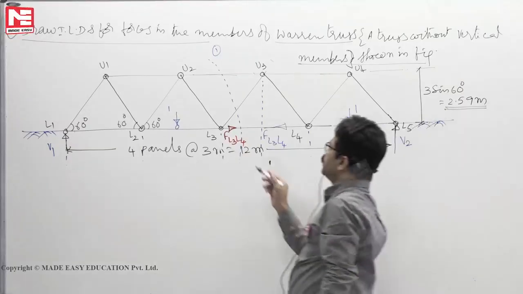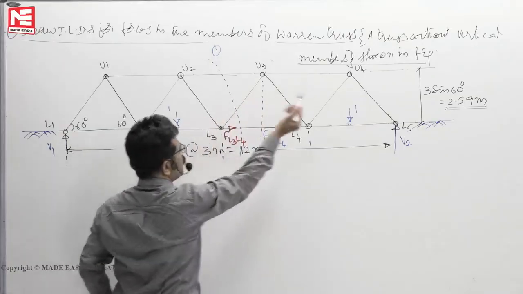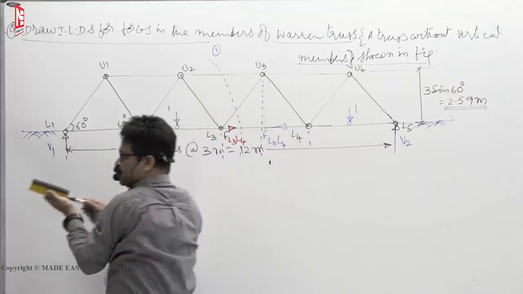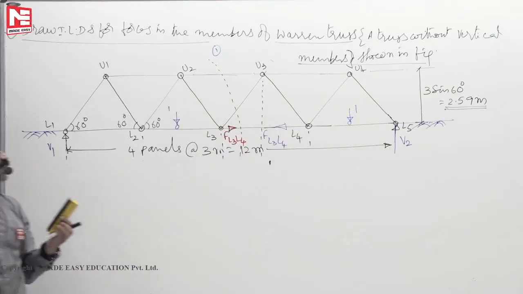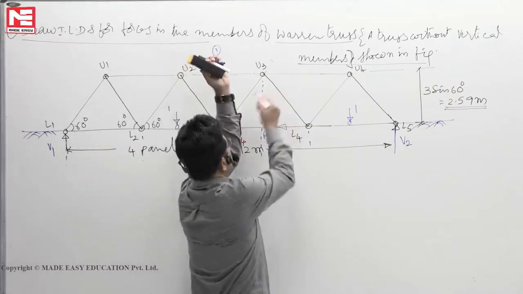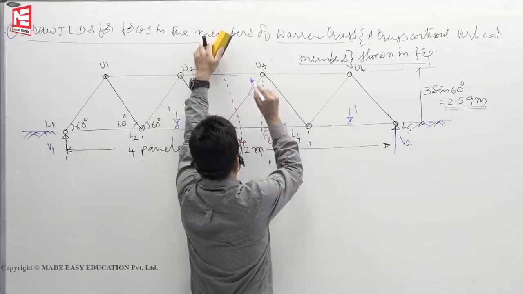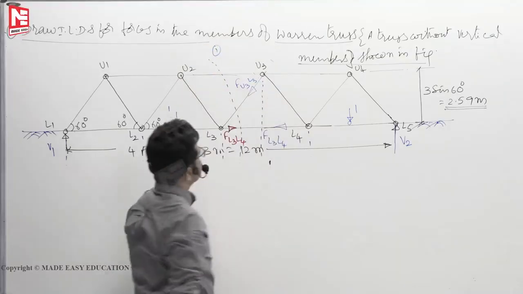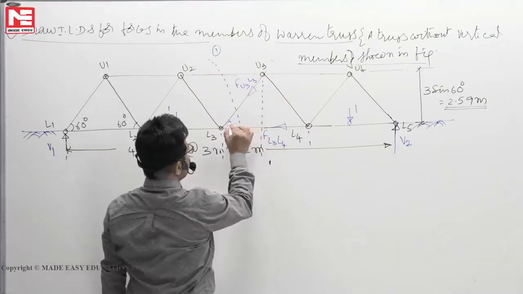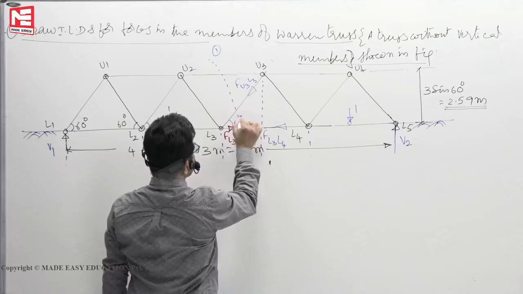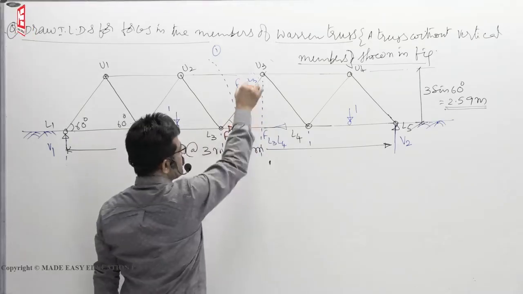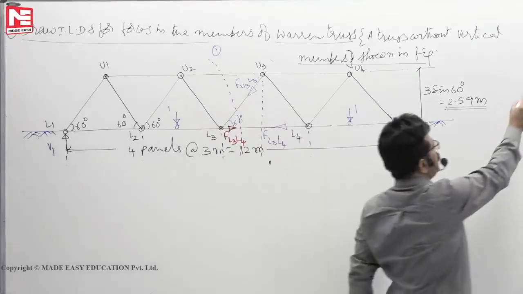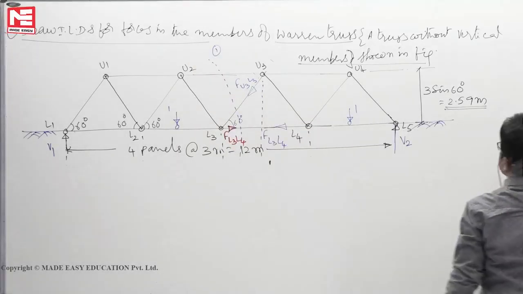Again, here you see, cut it by 1, load is here, look right side. So, there is an upward force. To balance an upward force, here the arrow mark must be downward. This is FU3, L3. This angle we know is 60 degrees. So FU3, L3 sin 60 plus V2 must be 0 when the load is here. Directly write that expression. We must be able to write that one.